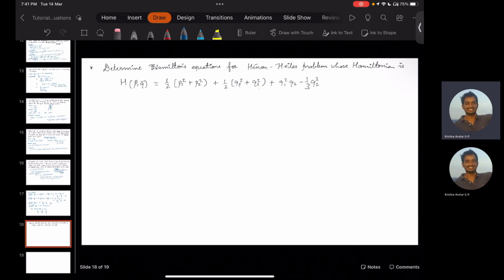Let me write down the expression for the Hamilton equations. So Hamilton's equations are: q i dot is equal to, sorry, it's equal to partial H with respect to p i, right?